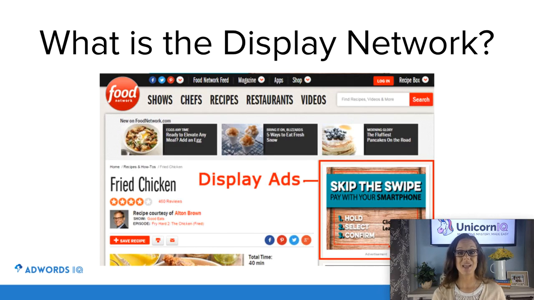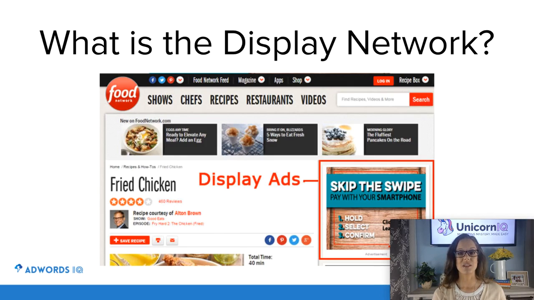So that's the big catch with the display network, is that a particular site, in order for it to display a display ad from AdWords, has to participate in the display network and has to support advertising. So you can't just go out there and pick any random site and say, oh, I want to display my ad on this site. They have to support advertising.